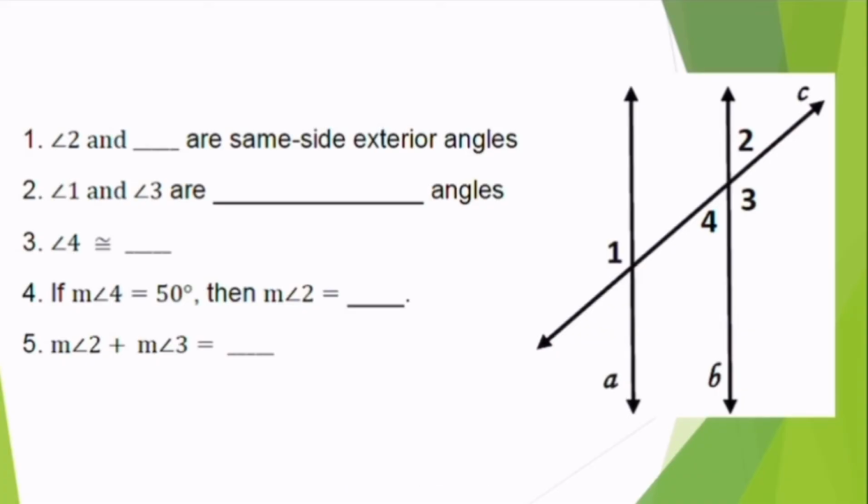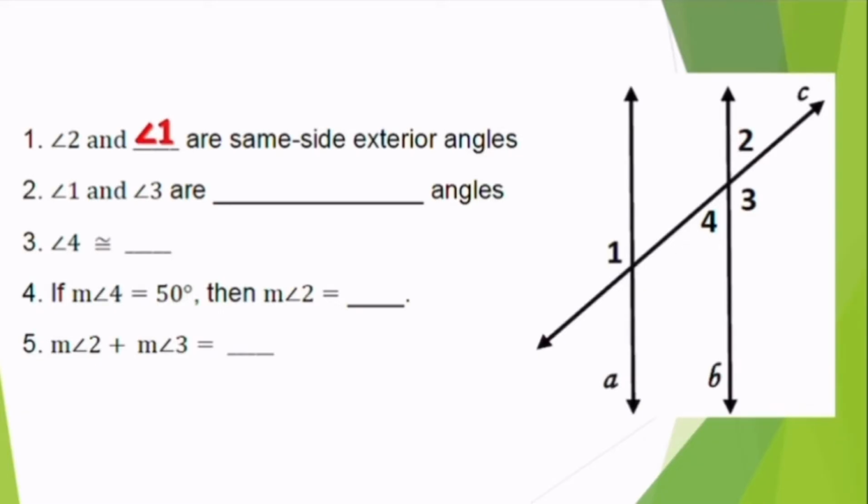Time's up. So now, let's answer the following items. For number 1, angle 2 and angle blank are same side exterior angles. So the answer for number 1 is angle 1.